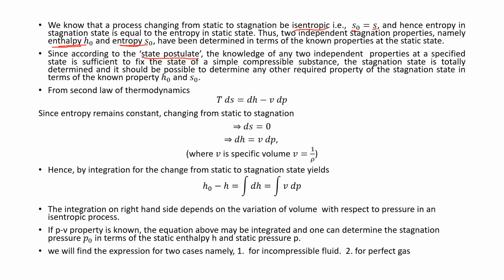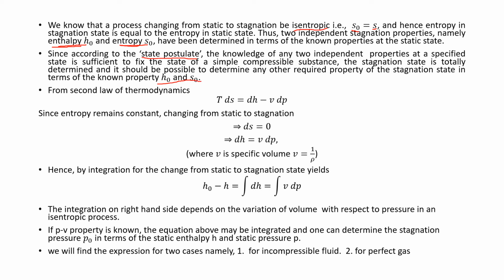Means if you want to fix any state, we need at least two independent properties. The stagnation state is totally determined, and it should be possible to determine any other required property of the stagnation state in terms of the known properties H naught and S naught.